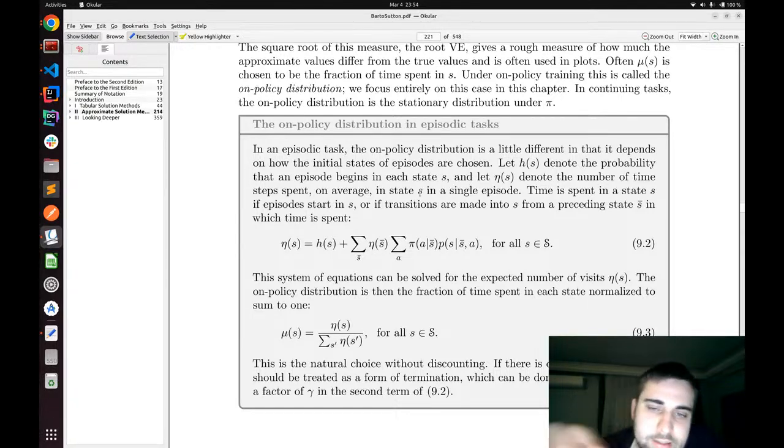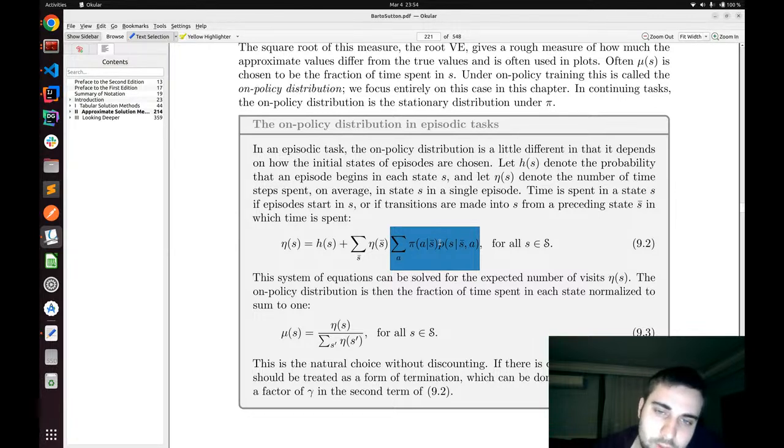so this basically tells you the probability of some s prime transitioning into s, whereas this tells you how likely s prime is, how many times on average in a single episode do we see this guy.